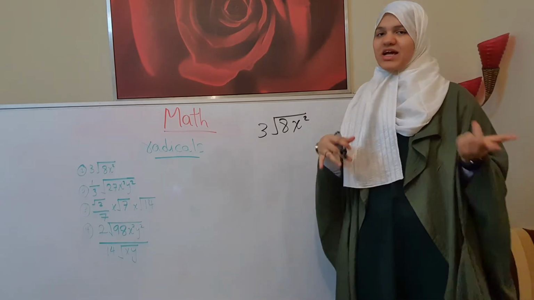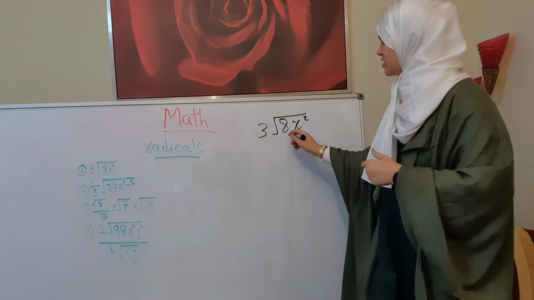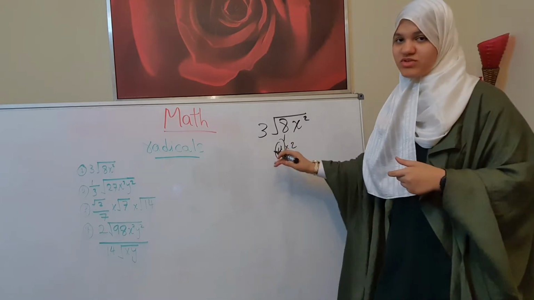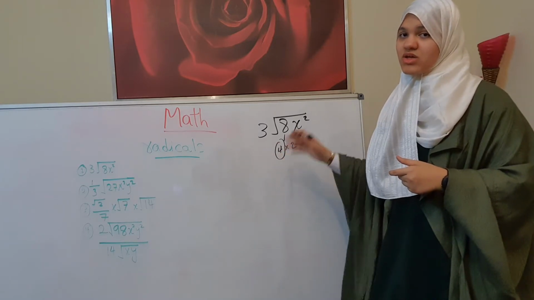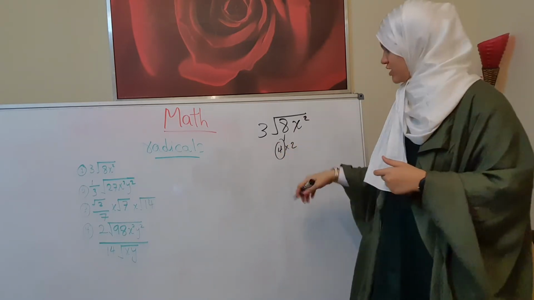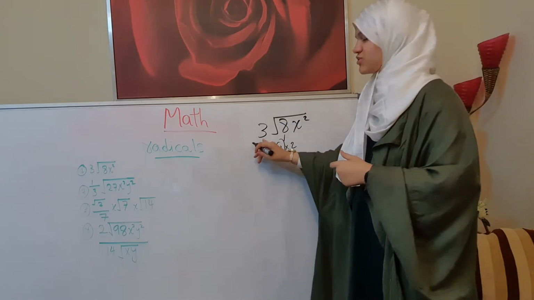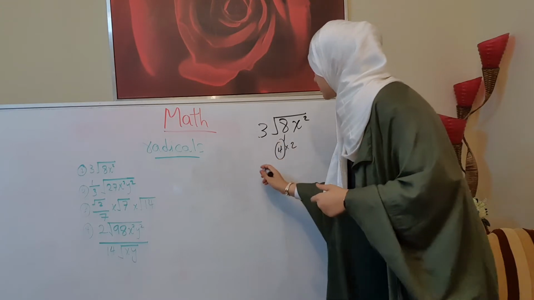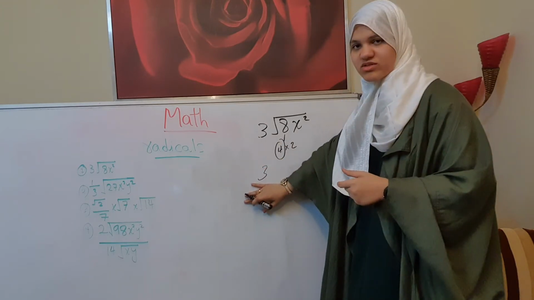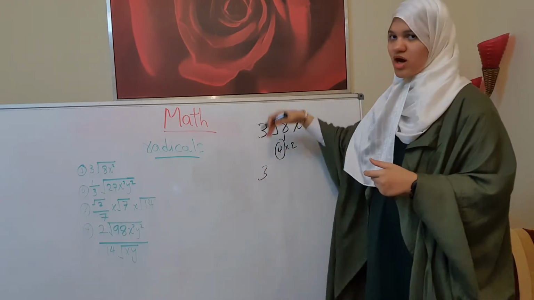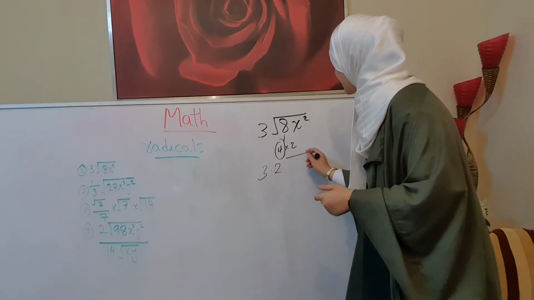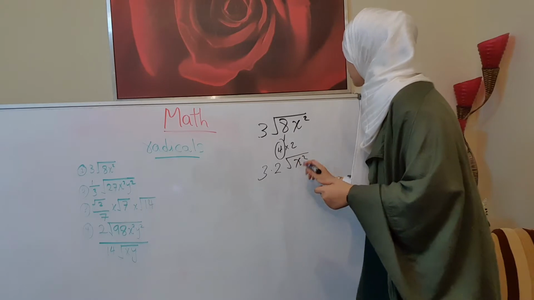We will make a perfect and non-perfect square for 8. That means it will be 4 times 2. 4 is a perfect square, you can say 2 times 2 is equal to 4. That means 2 will go out. But what we have is 3. That means 3 times 2 here. 3 is itself outside, but when 4 goes out from the radical, it will be 2. That means times 2 radical x squared.